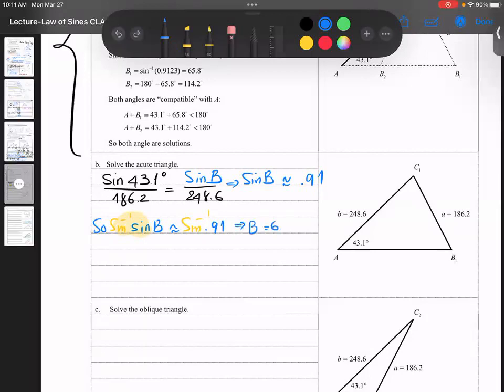Sine inverse of that gives 65.5, either first quadrant angle or fourth quadrant angle. Then once you found B, you can calculate C. C equals 180 degrees minus B, which is 65.5, minus A, which is 43.1, which is 71.4 degrees.